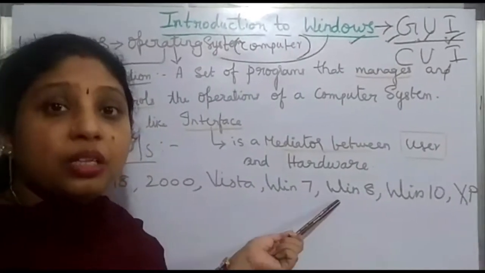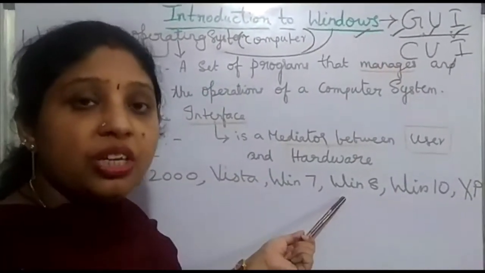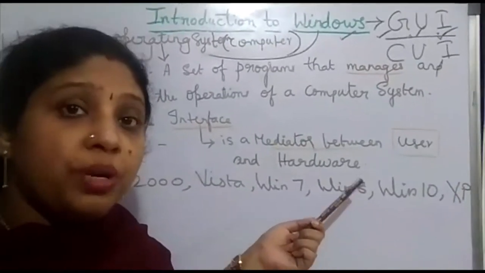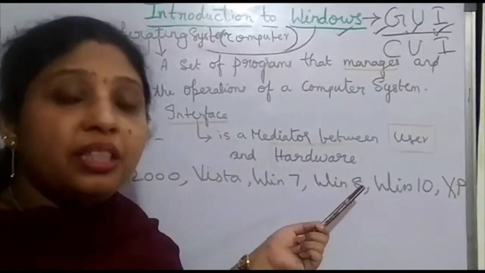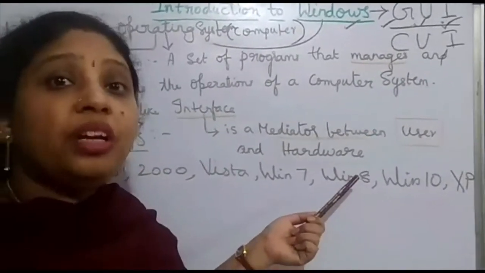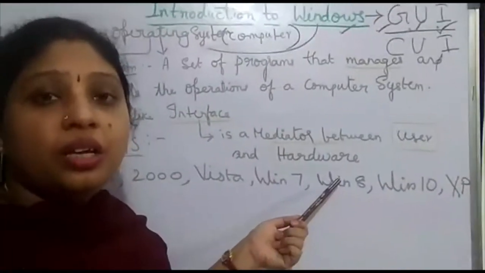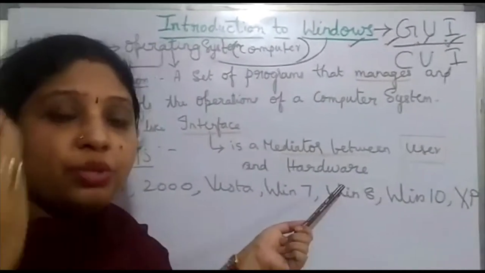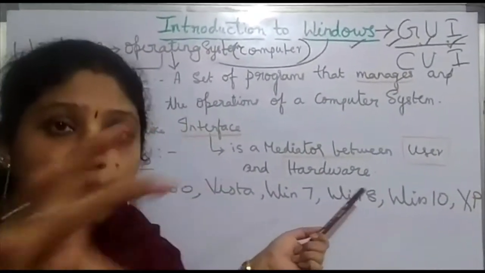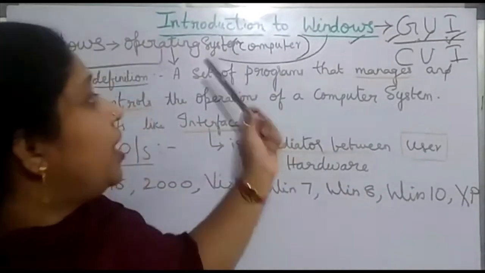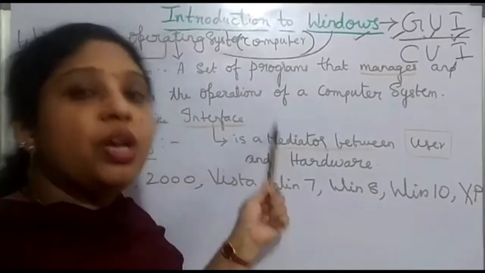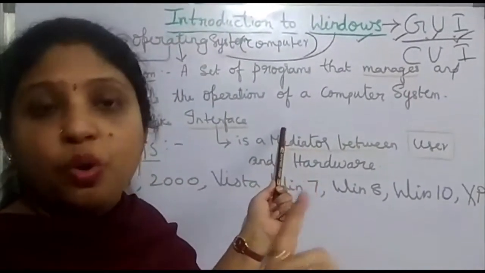The questions the user gives to the computer should be understood by the computer, then only it will process the question you are giving and give out the output. So to do all these things, a computer compulsorily requires an operating system. Without an operating system, no computer works.